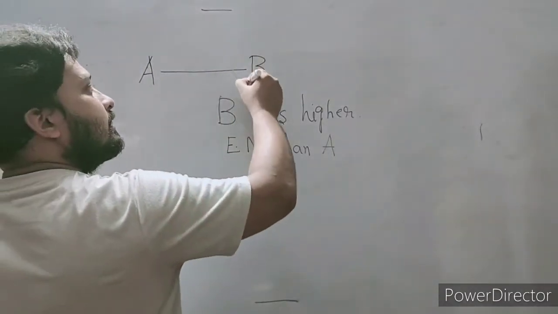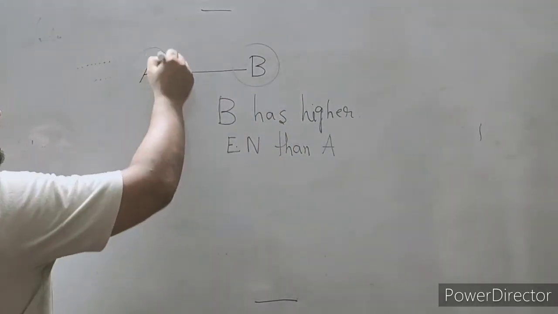So B has a higher electronegativity compared to A.